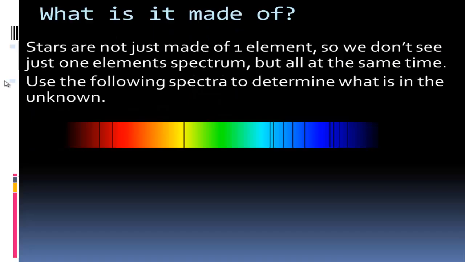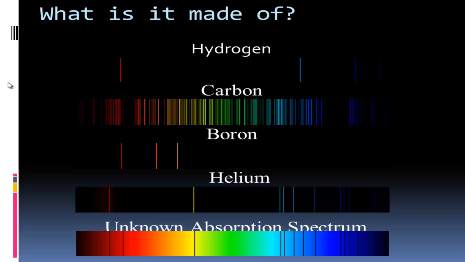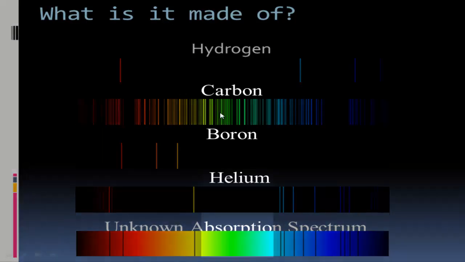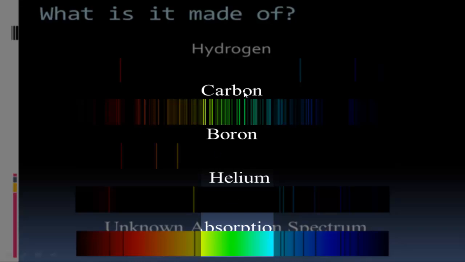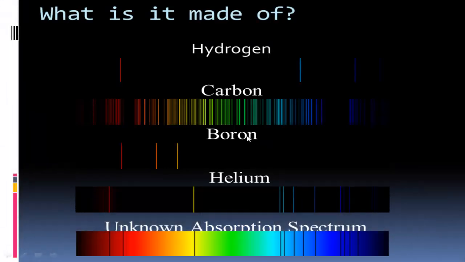So, for example, here's an unknown gas. Let's say we're looking at a cloud of gas and we see this absorption spectrum. Well, we can take known emission lines of different gases and compare them to those spectrum lines. We can see that, for example, no way carbon's in here, because you'd have to have a dark line for every bright line you have up here, and there's just none in here.